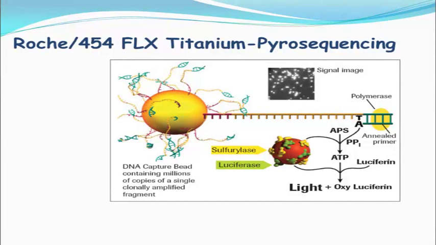Then the ATP is used as the energy source, allowing the luciferase-mediated conversion of luciferin to oxyluciferin, which will generate visible light. And the light produced in this reaction is detected by the camera, and the sequencing can be analyzed.